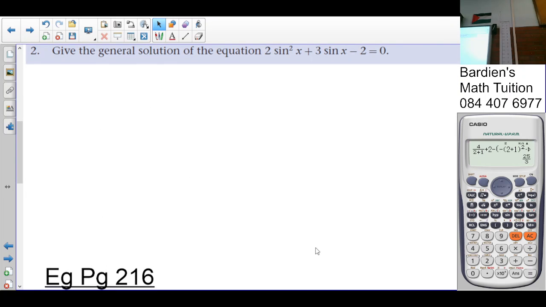This example is on page 216, number 2. The question says, give the general solution of the equation 2 sine squared x plus 3 sine x minus 2 is equal to 0. Look, what do we see here?